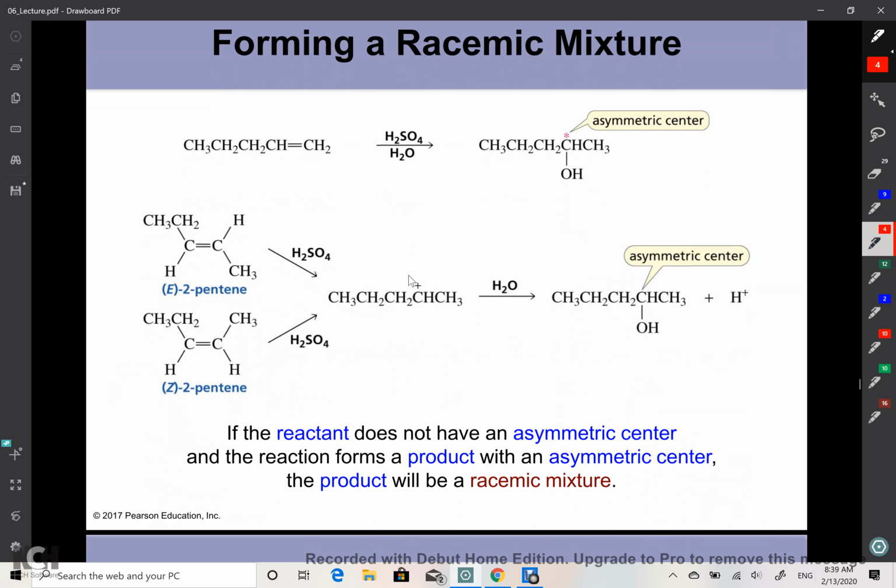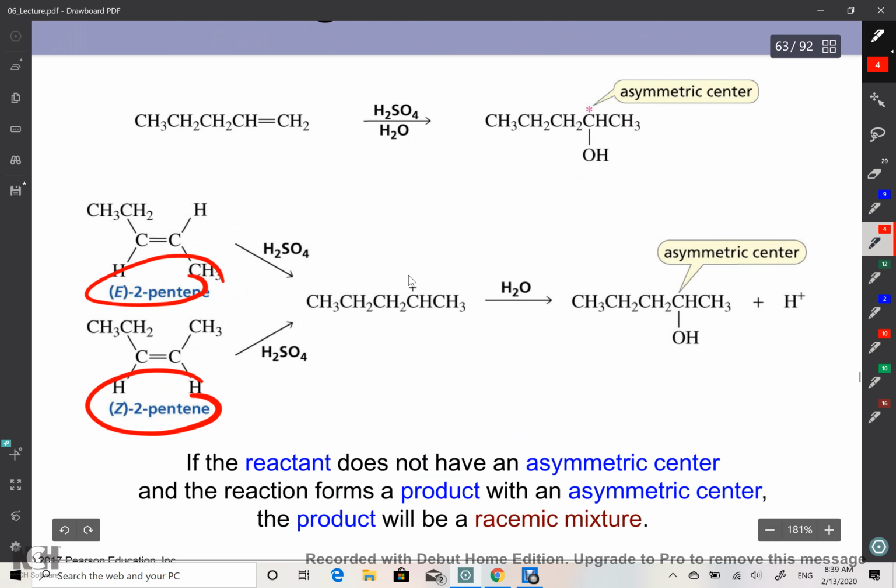So in this case, this reaction is stereoselective. It gives you a mixture of those things. And so whatever you use, the Z or the E, they end up giving you the same kind of intermediate. Remember, we are trying to see if the reaction is stereospecific.